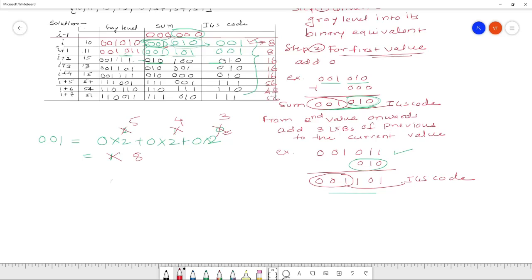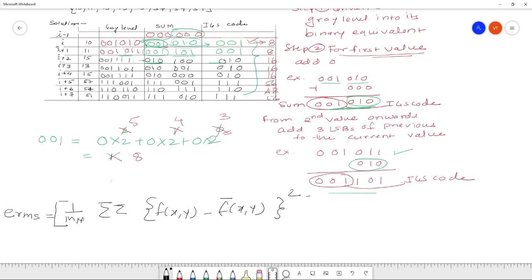Now what do we have to calculate? They asked us to calculate the ERMS, the root mean square error. The formula for that is the square root of 1 upon MN times the double summation of f of x comma y minus f bar of x comma y, whole square. What is MN? Total number of elements, 1 upon 8.